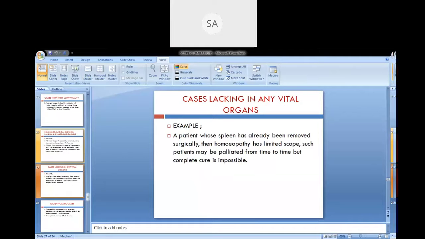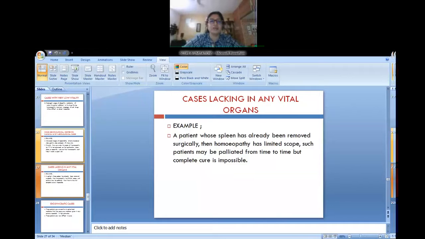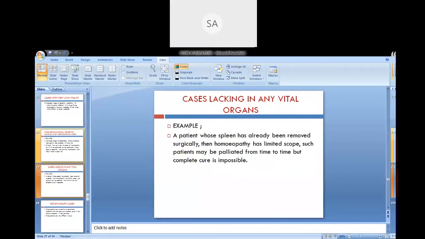I don't remember exactly the case, because that was when I was giving an exam, she was part of the practical session, so I was not able to completely listen to the whole case. But in general, if we talk about cancer, we all get so scared when we hear cancer, because so many things are going on at the same time. So I want to ask about the scope and limitation of homeopathy in that case. Okay. Good question. I'll answer that.